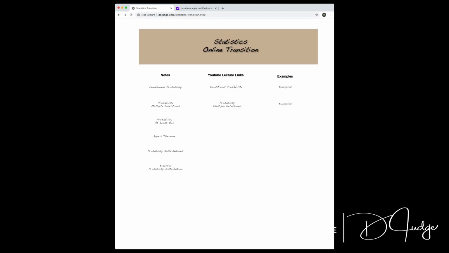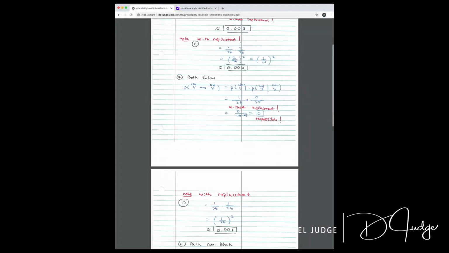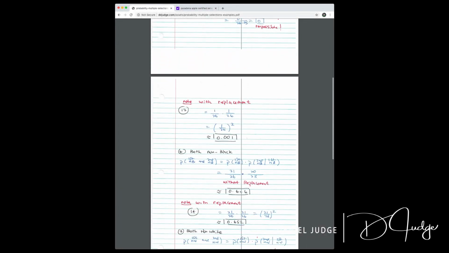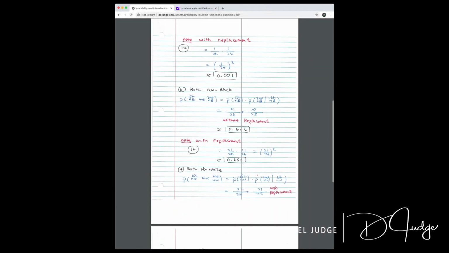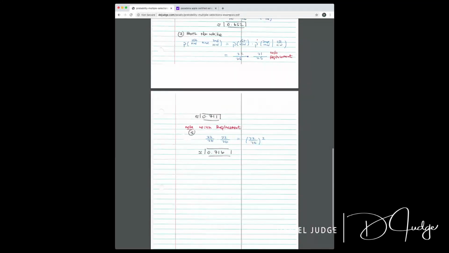We also have probability, multiple selections, with additional examples. This is what we went over yesterday, with replacement and without replacement. I did the rest of the examples like I promised. Take a look: with replacement, without, with replacement, without.